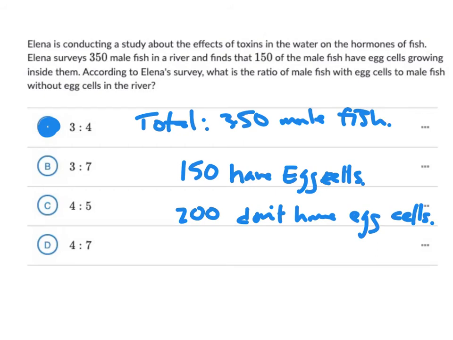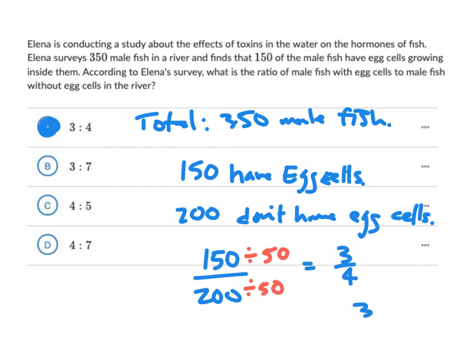So if I'm finding the ratio of those, and you can do this a couple of different ways, you can write it as, so the ratio with egg cells, so 150 to not egg cells is over 200. Each of these numbers are divisible by the number 50, which then gives you 3/4 or 3 to 4.